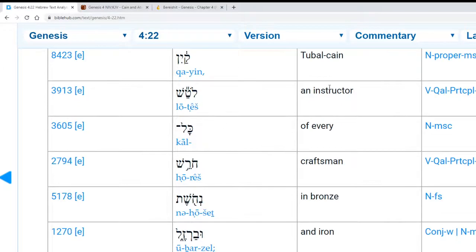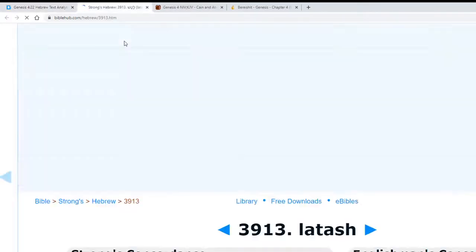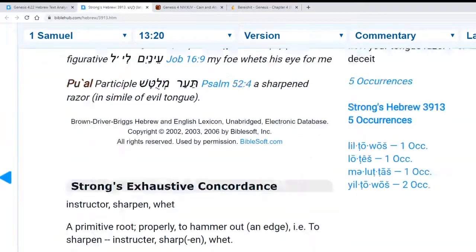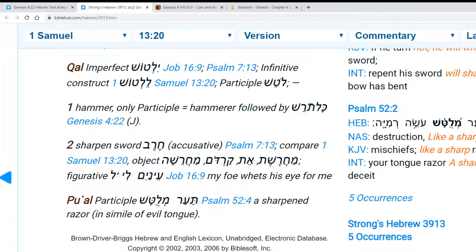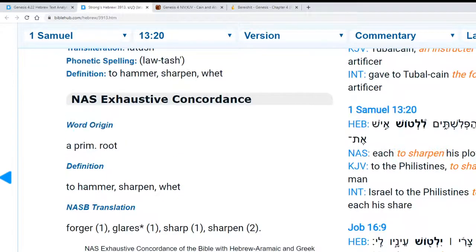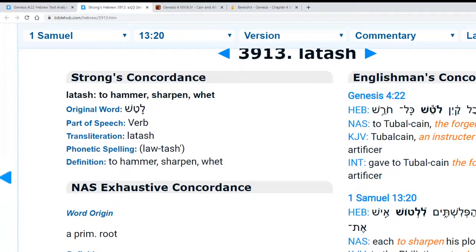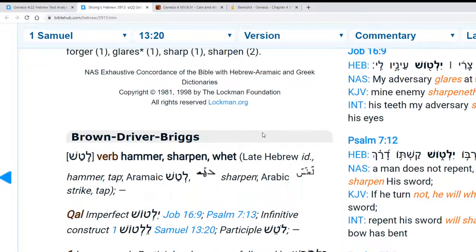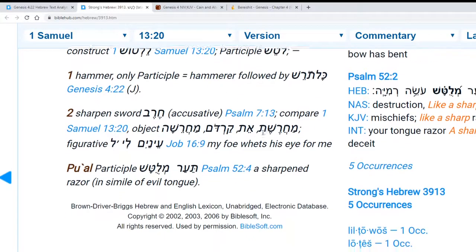Lotesh. So they're saying lotesh is an instructor. I don't know this word because I am guessing it only shows up, yeah, it shows up 5 times. And actually, apparently, it's used to sharpen. Lamed tet shin, to hammer, to sharpen, whet.